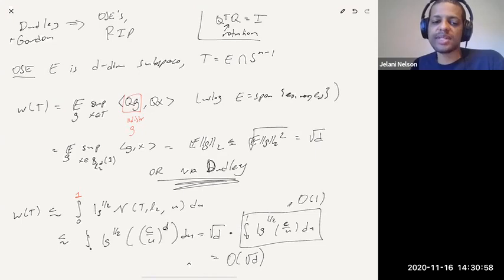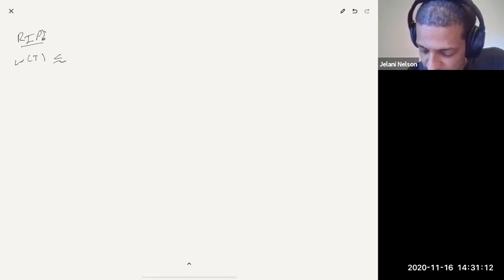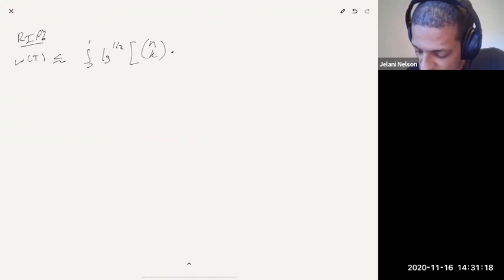So the covering number is going to be something like n choose k times c over u to the k. So for RIP, we'll get that WT is at most the integral from 0 to 1 of square root log of n choose k times c over u to the k, du.